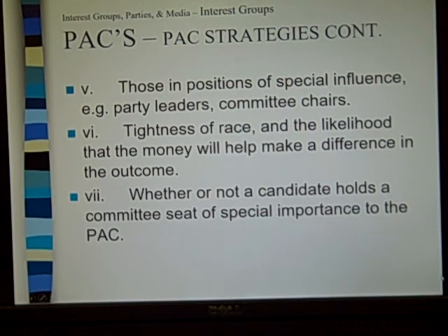Additionally, PACs give money to specific congressional leaders, and again, leaders who are a part of specific committees or specific organizations within Congress that might help them, right? So when you look at, and I think McCain still is, I think that John McCain, the senator from Arizona, is currently the Armed Forces Committee chairman for the Senate.